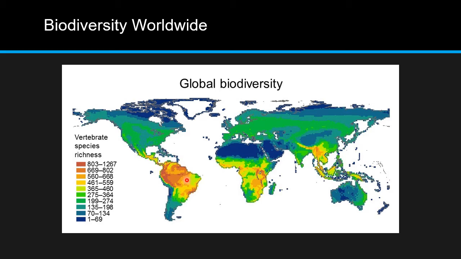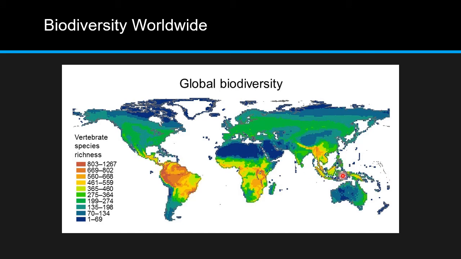Because this area is known as the Amazon rainforest. In the Amazon rainforest, you have 2.5 million species of insects and hundreds and hundreds of species of amphibians, reptiles, mammals, birds, etc. Over here also, in Middle to Southern Africa and in Southeast Asia, you also see high biodiversity.